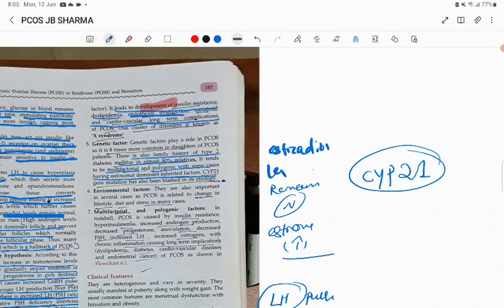Environmental factors are also important in several cases of PCOS, due to changes in diet, lifestyle, and stress.